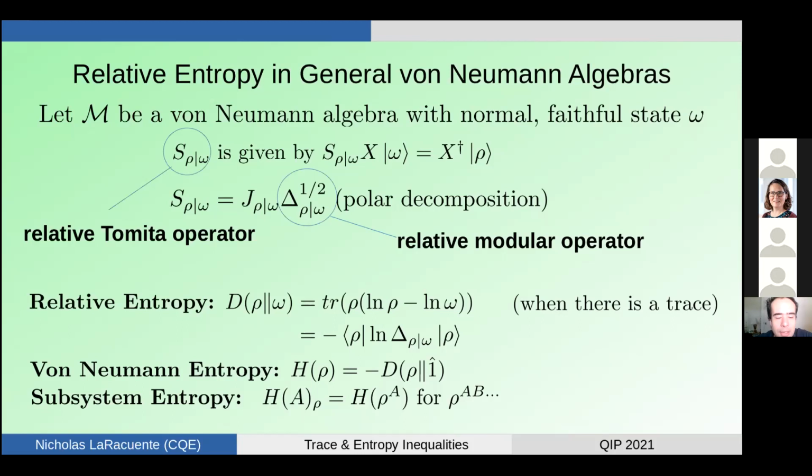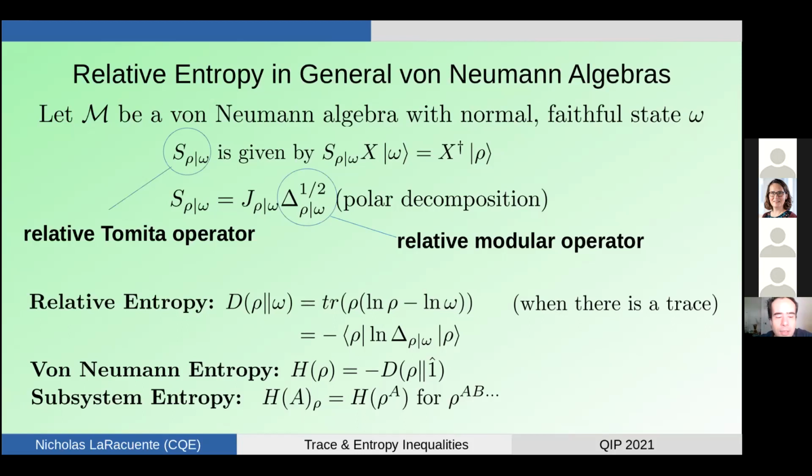Now, the von Neumann entropy follows as a special case of relative entropy. You can actually take it with respect to an unnormalized identity to directly get the von Neumann entropy. And there's also this subsystem entropy, which is really a shorthand for a von Neumann entropy restricted to a certain subsystem.